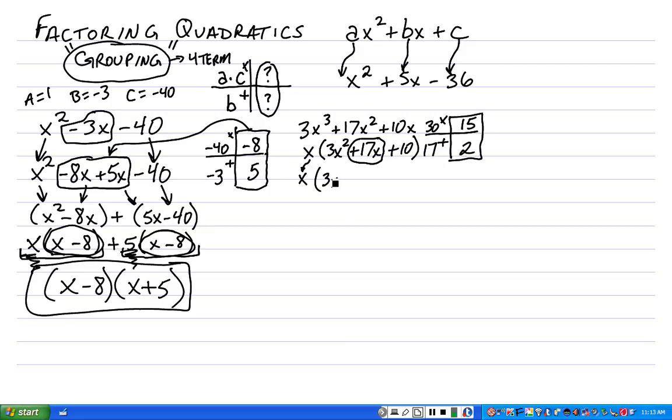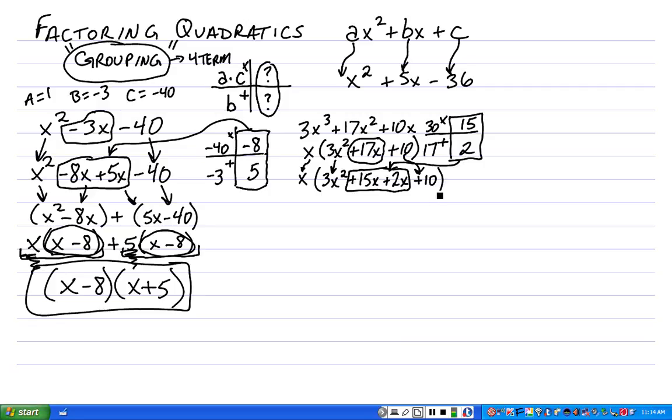I keep my 3x squared out front. Now I'm replacing 17 with a substitute, and I use these two to substitute this one, because 15 and 2 is the same as 17, and since this is 17x, I write plus 15x and plus 2x. So these two, which again comes from there. Alright, and then I bring down my plus 10.